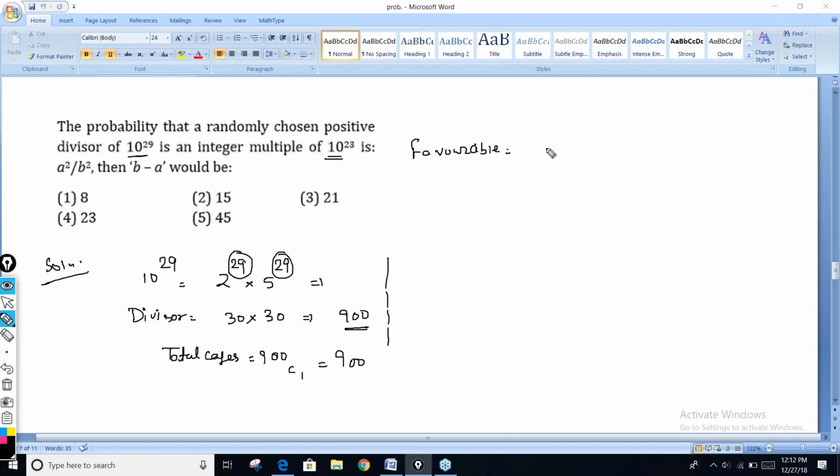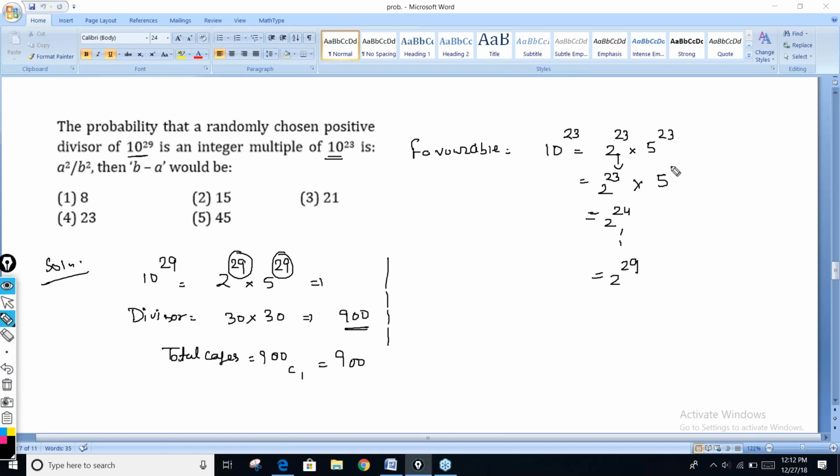So multiple of 10 raised to power 23 means, if 10 raised to power 23 is 2 raised to power 23 into 5 raised to power 23, then what does multiple mean? It means the power of 2 should be 2 raised to power 23, or the power of 2 can be 2 raised to power 24. The power should be more than 2 raised to power 23. All are multiples of 2 raised to power 23. The maximum power can be till 2 raised to power 29.